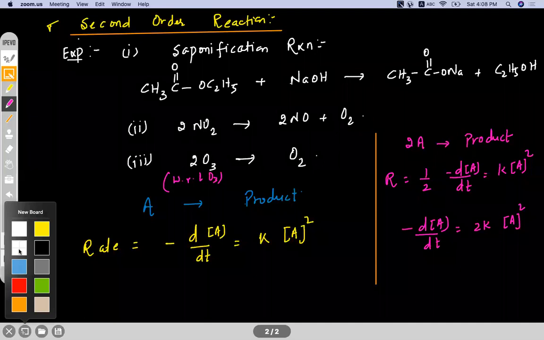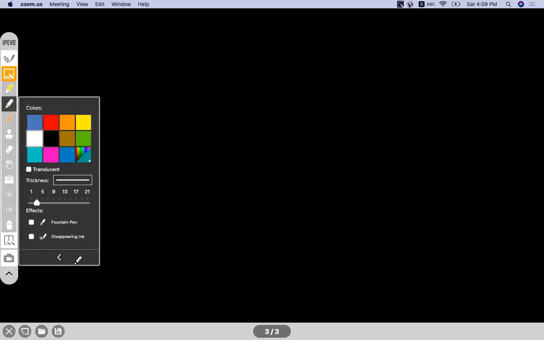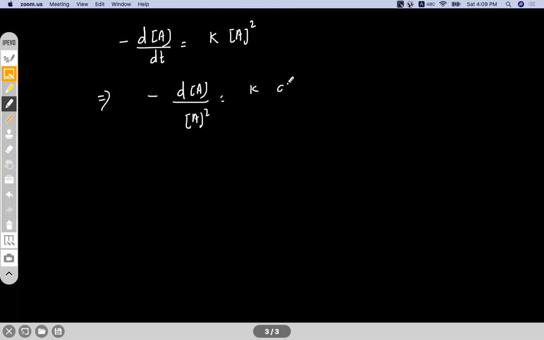So we have the expression which is minus d concentration of A by dt is equal to K concentration of A square. So when you integrate this, d concentration of A by A square becomes K dt, right?